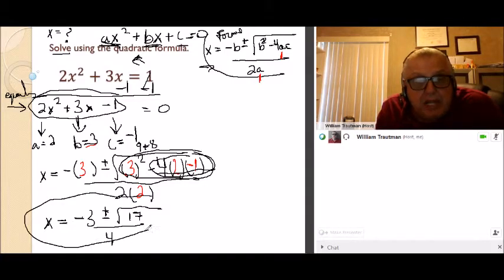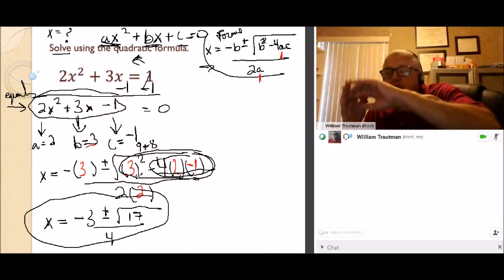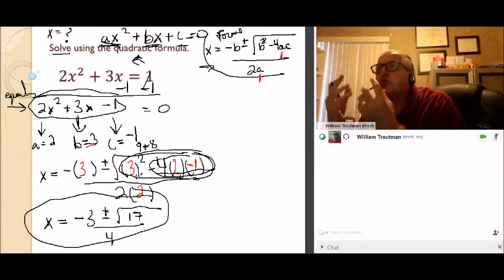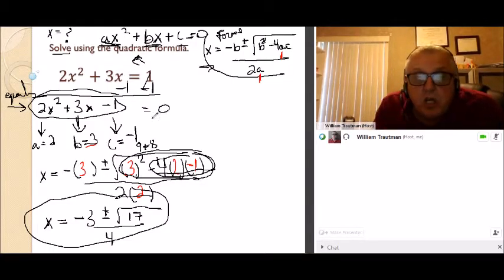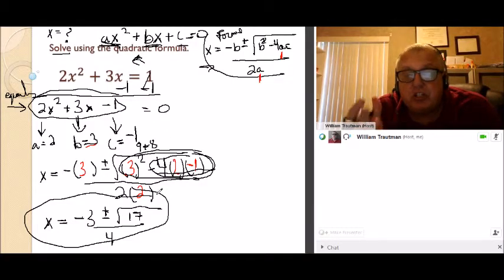Now, this is my answer. We're done. You can simplify this by trying to take stuff out of the square root, but nothing pops out because 17 is a prime number. I just want everybody to understand what this plus or minus really means. It means we have two answers.